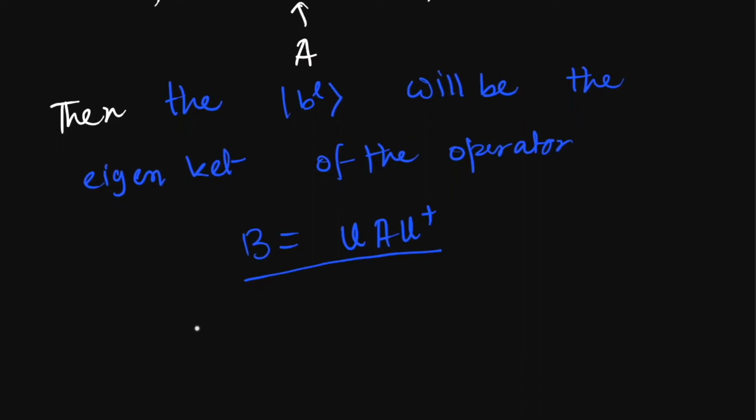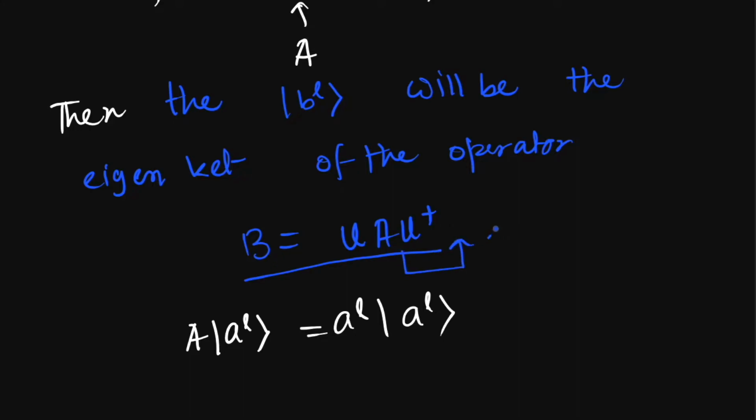Since |a_l⟩ is the eigenket of the operator A, that means A|a_l⟩ will be a_l|a_l⟩, okay? And here |b_l⟩ will be the eigenket of this operator, and the corresponding eigenvalue will be the same.